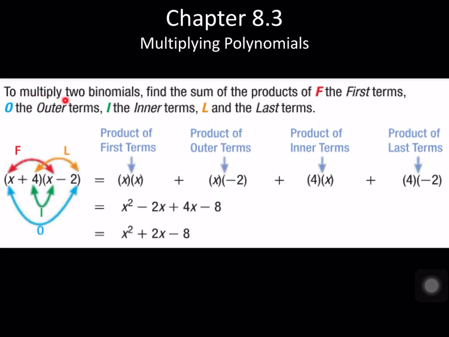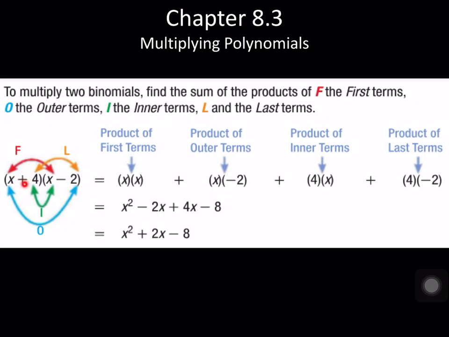It says to multiply two binomials, we find the sum of the products. So we're going to do the products and then add them together. We're going to find the sum of the products of the first terms, outer terms, inner terms, last terms. So there's your FOIL: first, outer, inner, last.